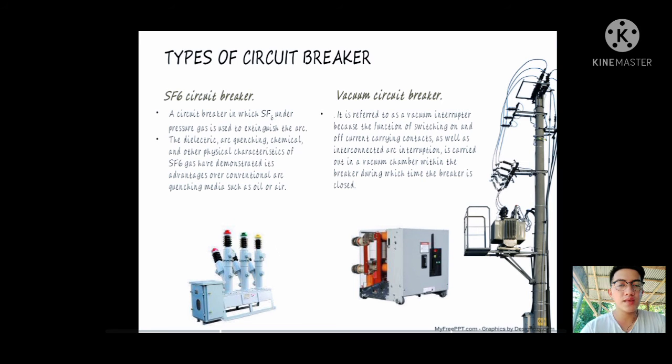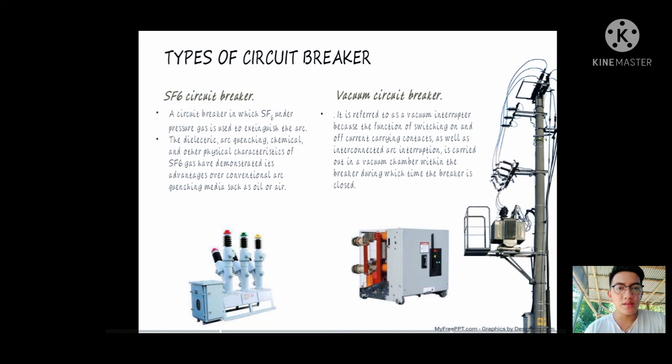Next type of circuit breaker, we have the SF6 circuit breaker, or the sulfur hexafluoride circuit breaker. It is a circuit breaker in which SF6 gas under pressure is used to extinguish the arc.